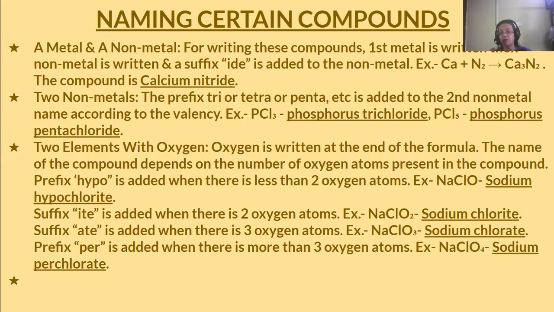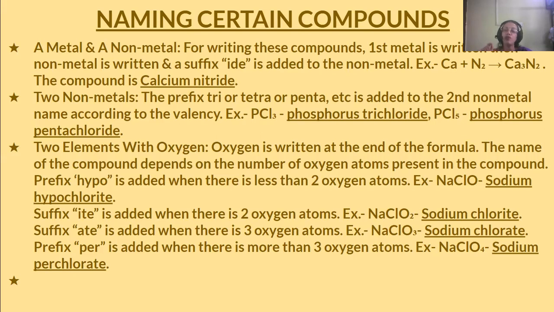The first non-metal is named phosphorus, and the second non-metal is chlorine. As PCl3 is there, we add the prefix tri to the chlorine, so it is phosphorus trichloride. The second one, PCl5, is phosphorus pentachloride, as the chlorine has 5 atoms.